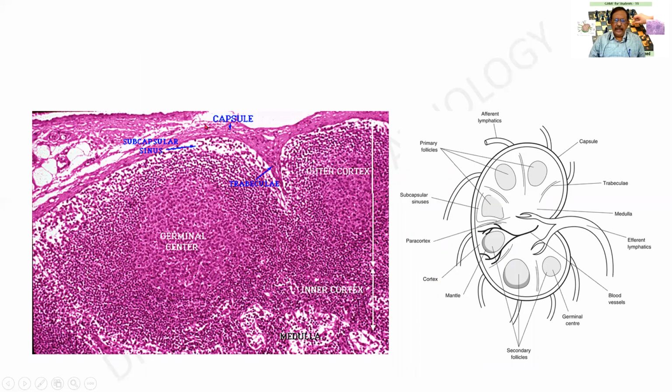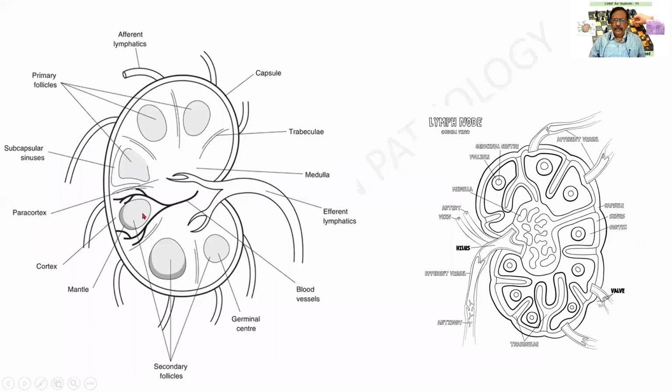You find that there is a capsule, subcapsular space of the sinusoids, and these are the sinuses, and a large lymphoid follicle with a germinal center. This is a diagrammatic counterpart of the same. So in this, again, I am finding the capsule, lymphoid follicle, and these are all the sinusoidal spaces.